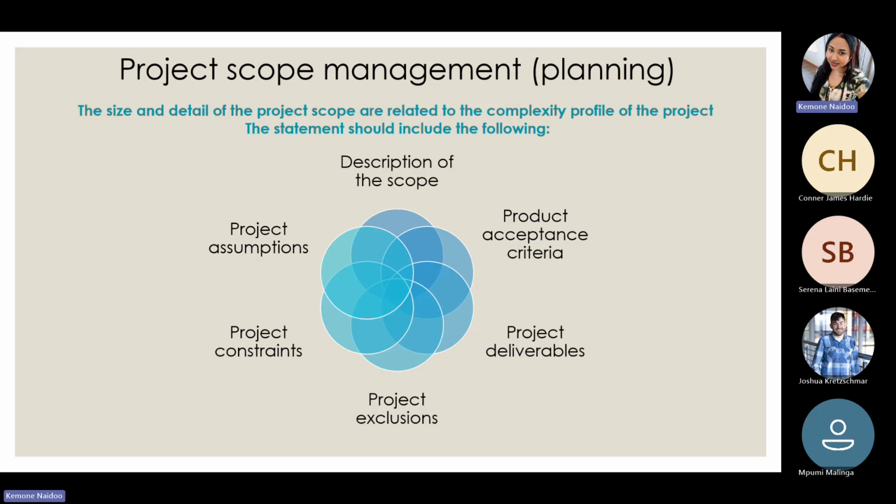So, what is the outcome of this? Like, what is my end goal? That also should be planned. Okay. Project exclusions. What am I trying to avoid? Anything that I need to be excluding, those kinds of things.